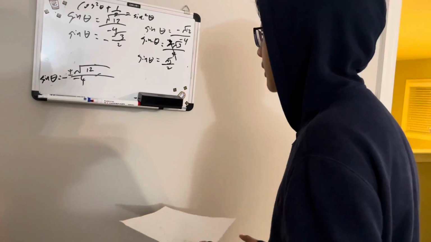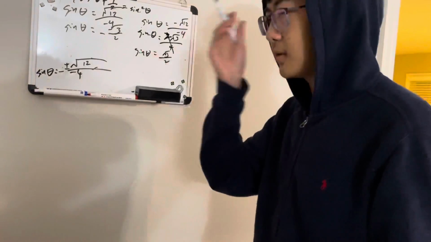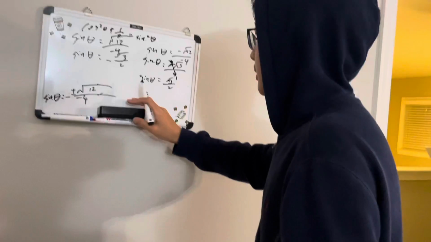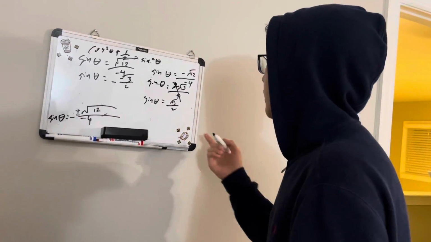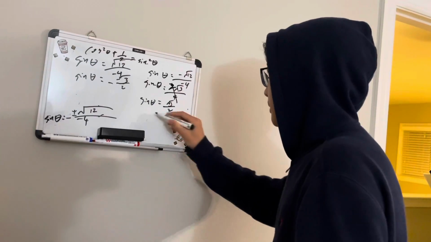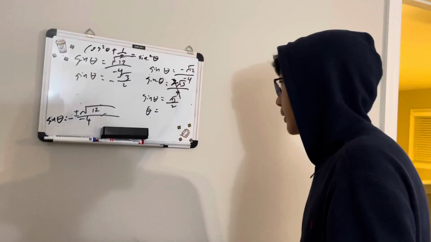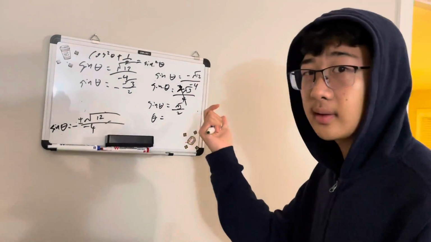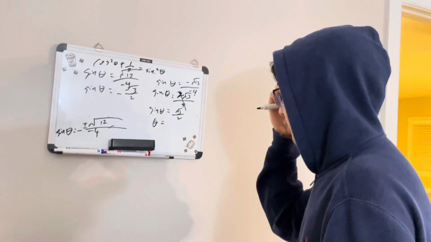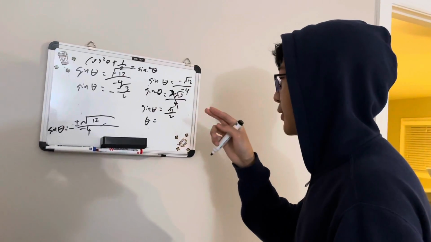Then we do the inverse. Okay, so this is the first quadrant. So that's pi over 3. Sine inverse has the domain of bracket negative pi over 2 to pi over 2.